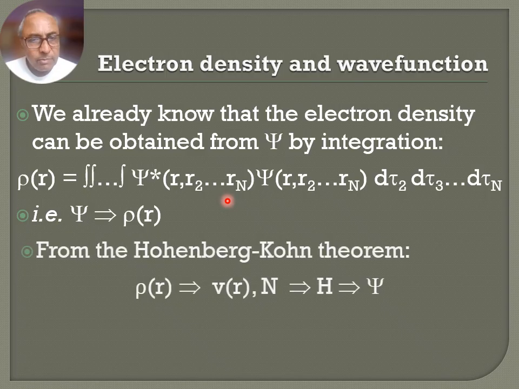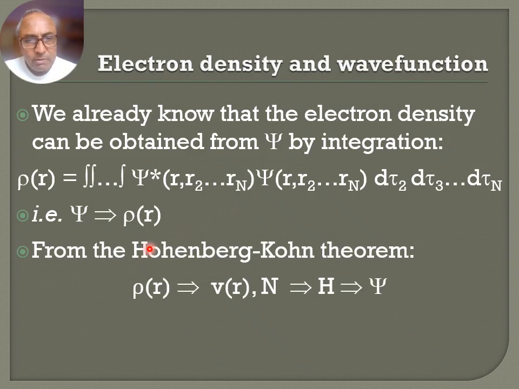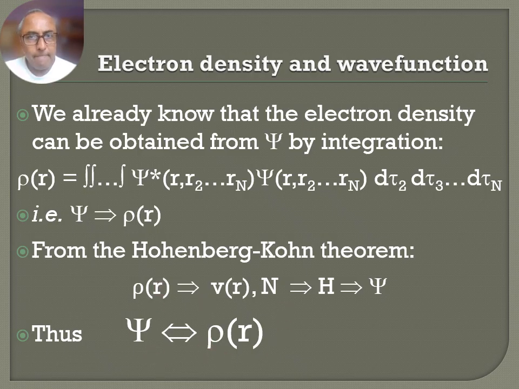But from the Hohenberg-Kohn theorem, we know that ρ(r) determines v(r) and N, which in turn determines H, which determines ψ. That means ρ determines ψ and ψ determines ρ. That means there is a one-to-one mapping between the many electron wave function and the one electron density.